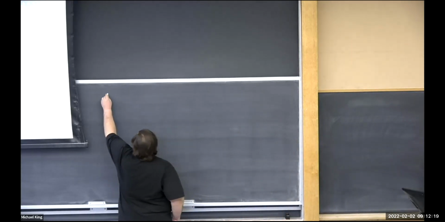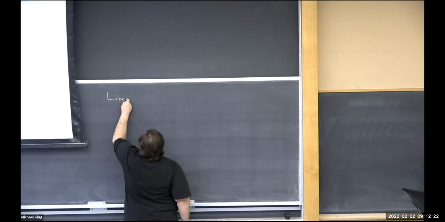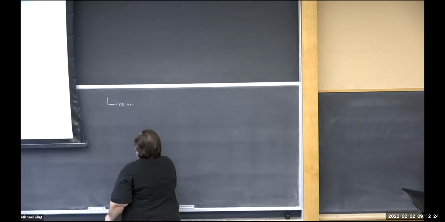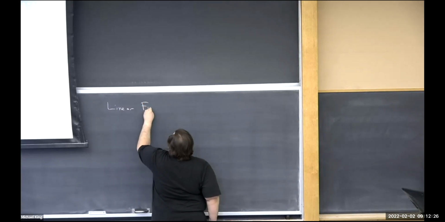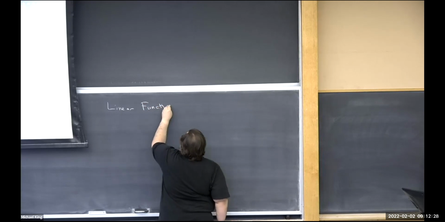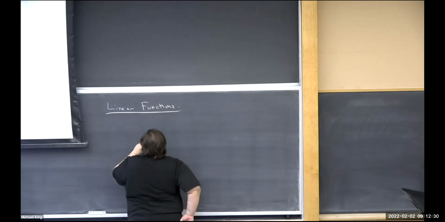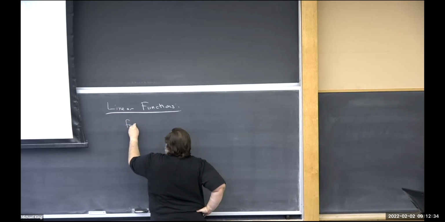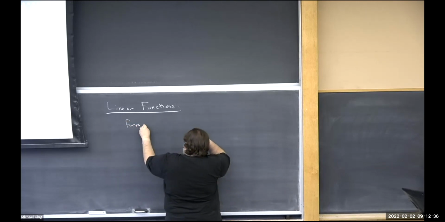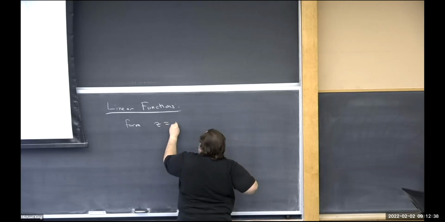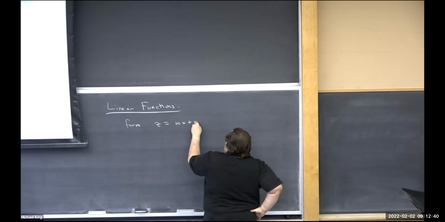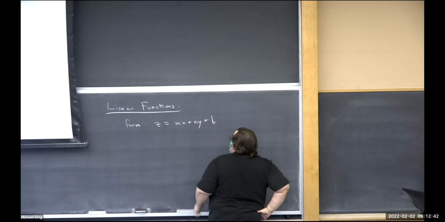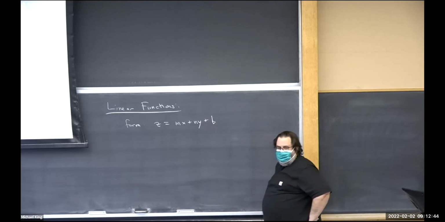So let's start talking about linear functions. You can guess it's just functions of that form up there on the screen: a linear function of x and y. You can almost think of this as the analog of y equals mx plus b.